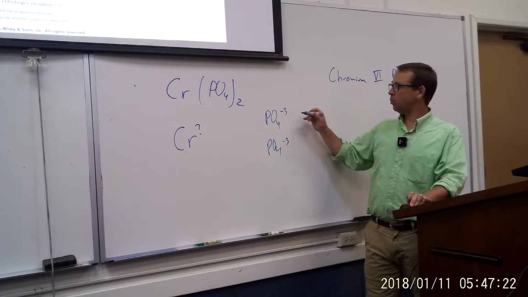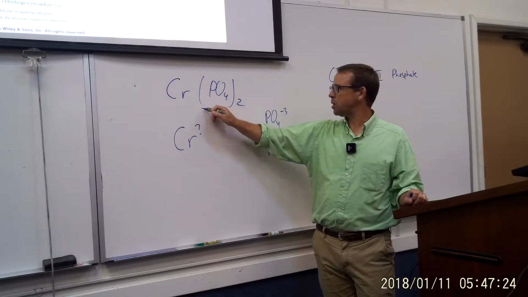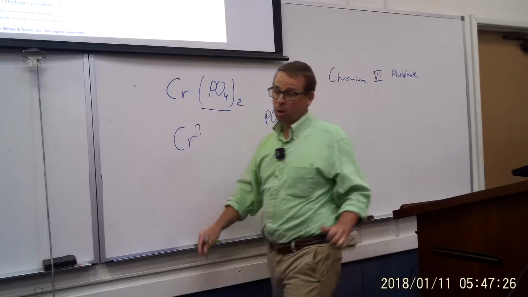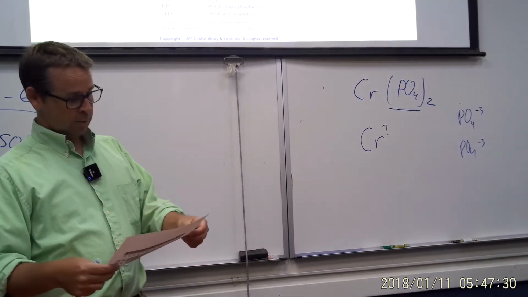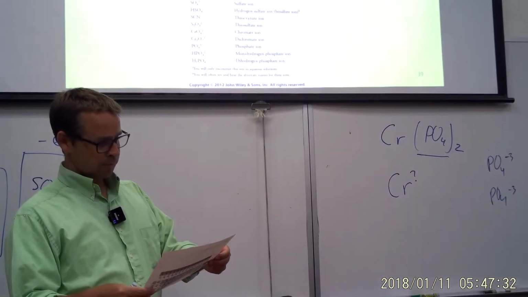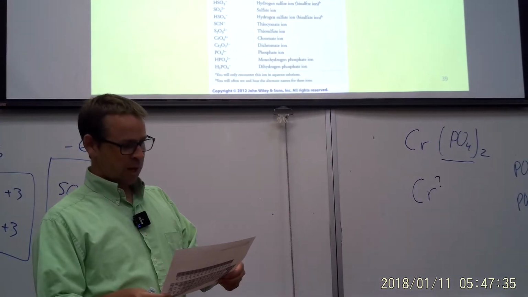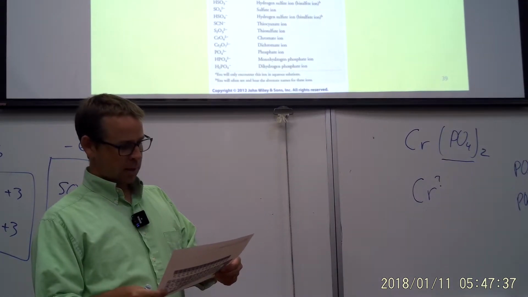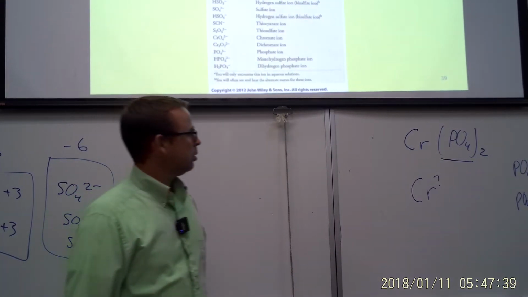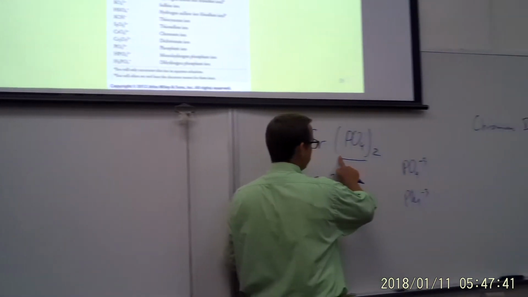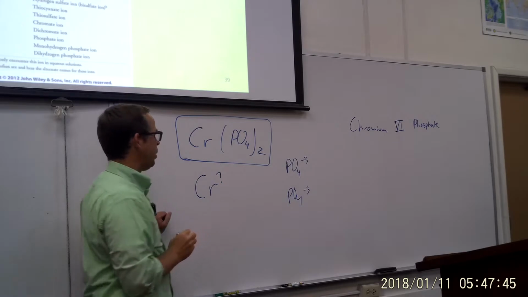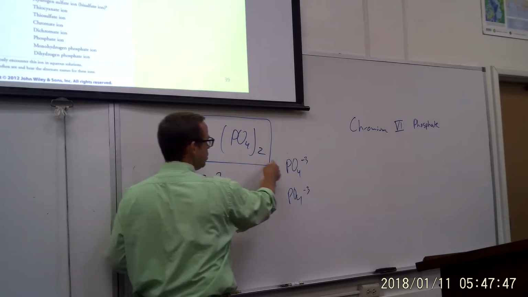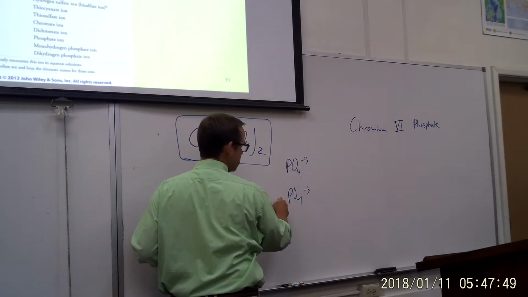No? So once we saw that this was a polyatomic ion, we need to look at the polyatomic ion chart. And we want to look at the name of it and look at the charge on it. So this is phosphate ion, and it has a -3 charge. The chemical formula was provided, and the question was, what's the name of the compound? So we knew that there were 2 of these PO4 3 minuses.